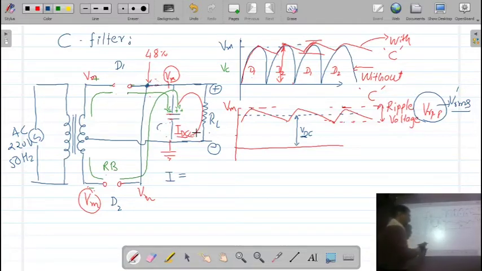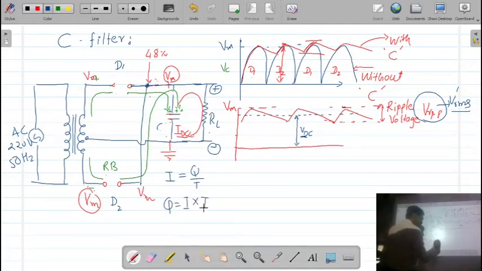In 12th standard you already learned that the current I is given by Q by T. Correct? So Q will be equal to I into T. So if I want to write what is the discharge, then we can use this formula.